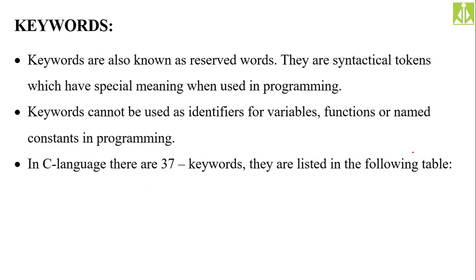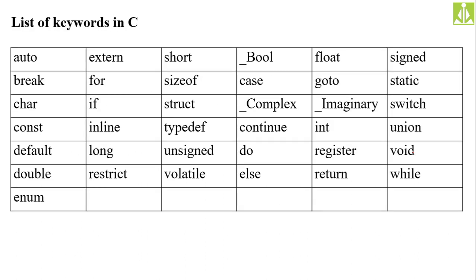In C language, we have around 37 keywords. So simply remember these 37 keywords and understand their meaning. You almost learn 70% of the C language if you understand the meaning of these 37 keywords. Those 37 keywords are listed over here.